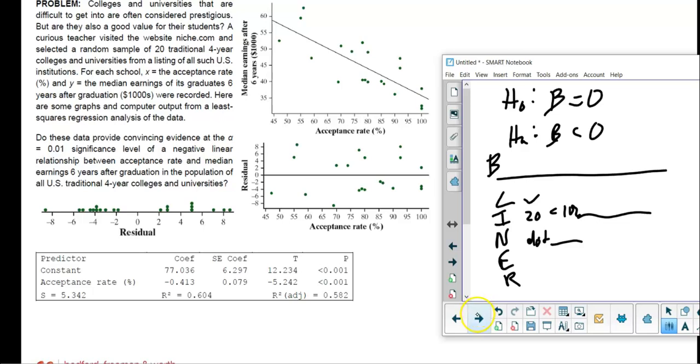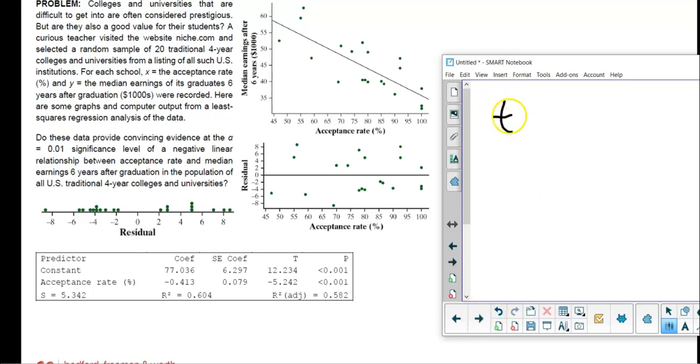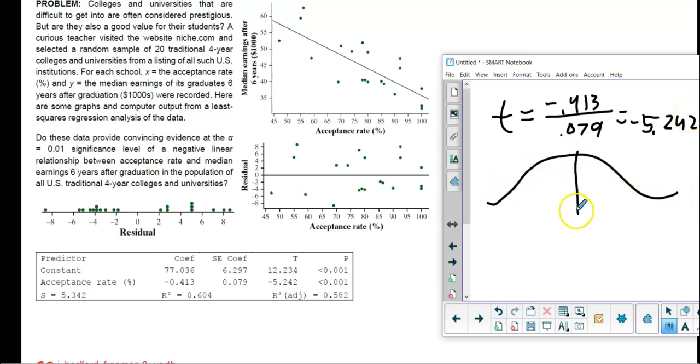Let's check. Okay, so for the do section, t is going to be negative 0.413 over 0.079. And I know what it's going to be because I'm looking at the shortcut and it's negative 5.242 if I type that in my calculator. I like to draw this, so negative 5 is way over here.